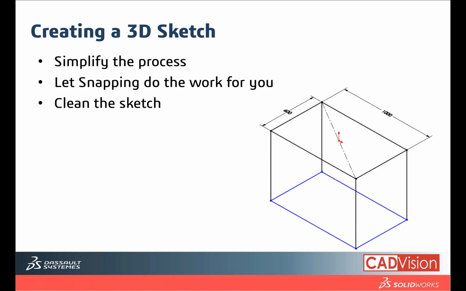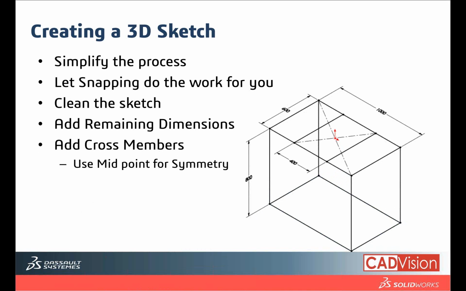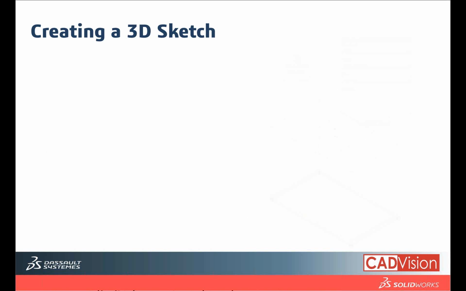Of course you can add dimensions to make it fully defined. So use your dimensions and your relationships wisely to clean up your sketch. In my case, I will add another two cross members and then use the midpoint for the symmetrical relationship to fully define my 3D sketch.